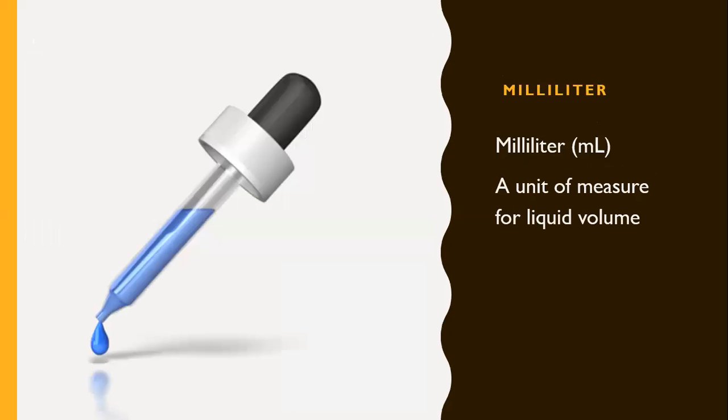Here is a milliliter. And the abbreviation for milliliter is lowercase m, capital L. And a milliliter is about the size of the liquid inside of an eyedropper. So the blue represents 1 milliliter.